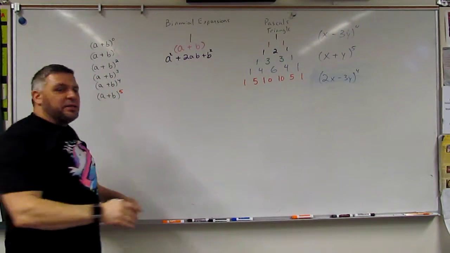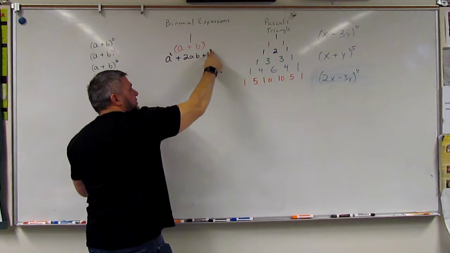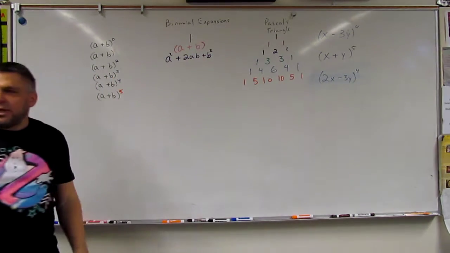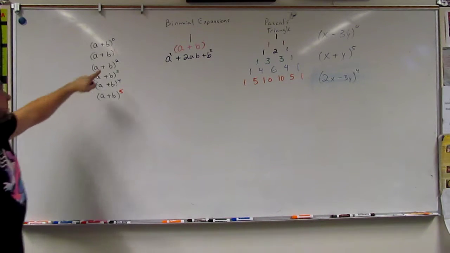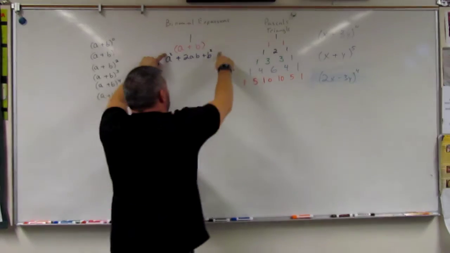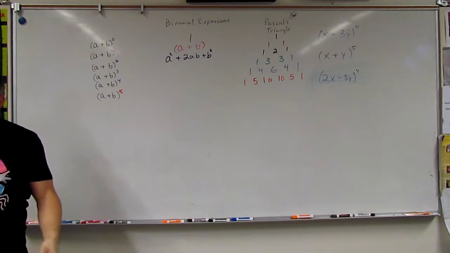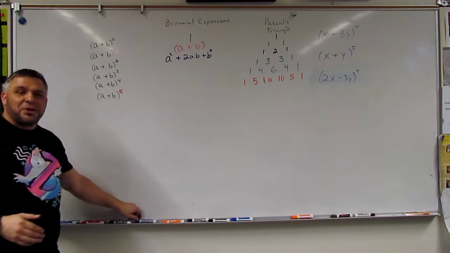And if we think about it, it's going to go 2, 1. And then it's going to go 2, 1. Okay? For the exponents. Because it's a 2. So we're going to start with 2 and 2 and go down to 1. Does that kind of make sense? Kind of? Okay. It'll make more sense as we go.